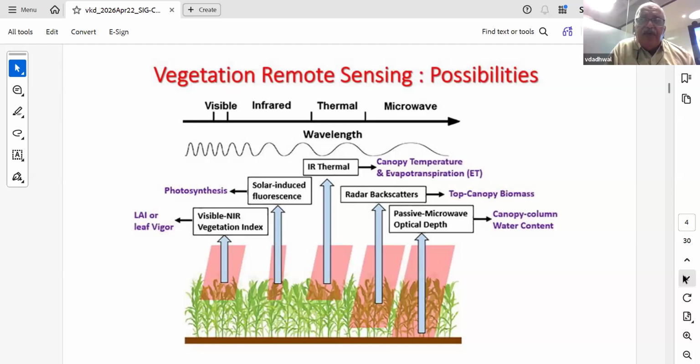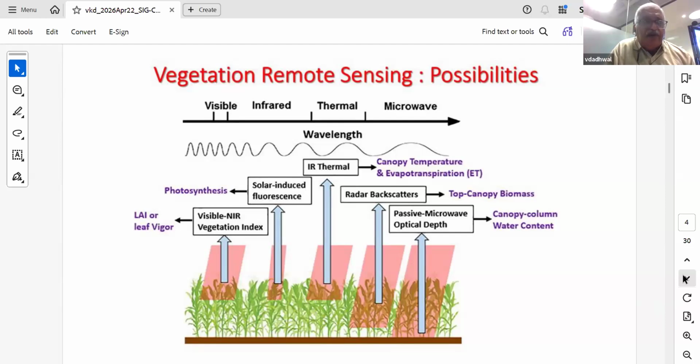When you move to the microwave, 2 to 9 centimeter wavelength, based on X, C, L, or P, you get increasing penetration into the canopy, and that decides whether you are getting surface roughness, volume scattering, biomass, soil moisture, or you can actually get something deeper about the soil.